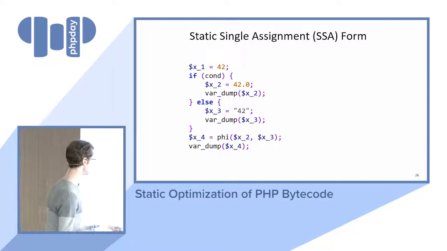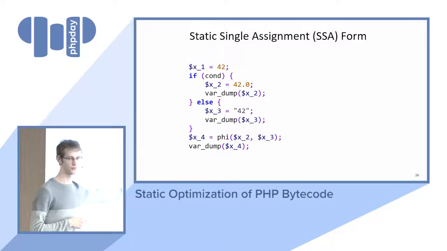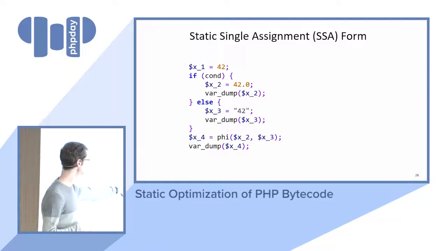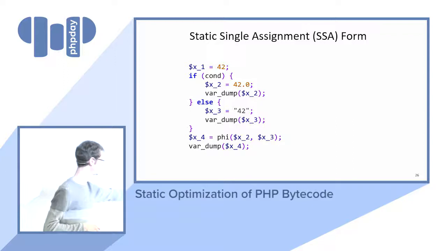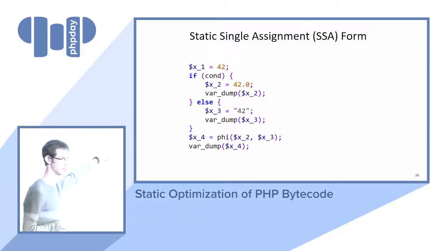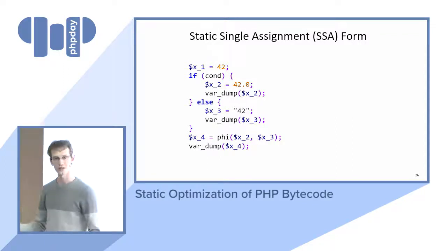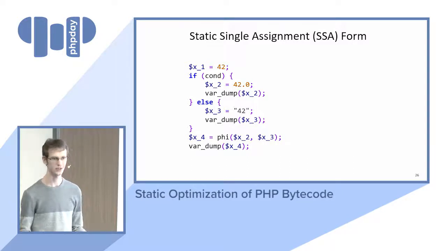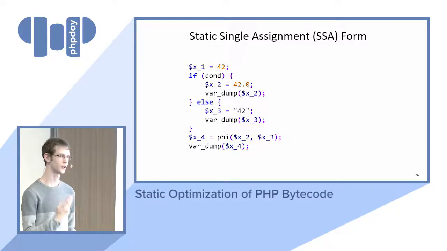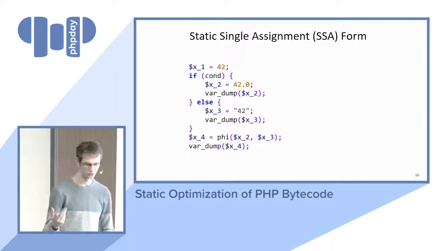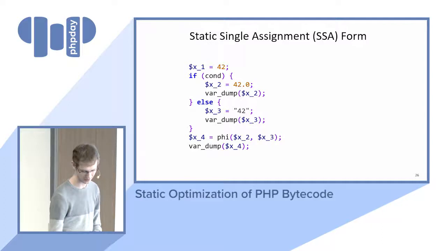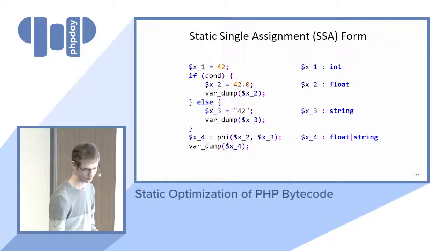So it says, okay, we have a new variable, x4, and this variable will be x2 if we go in the if branch, or it will be x3 if we go in the else branch. Of course, statically we don't know what will happen, so that's only really decided at runtime, but statically we do know that one of those will be the case. And that's enough to perform this kind of analysis.